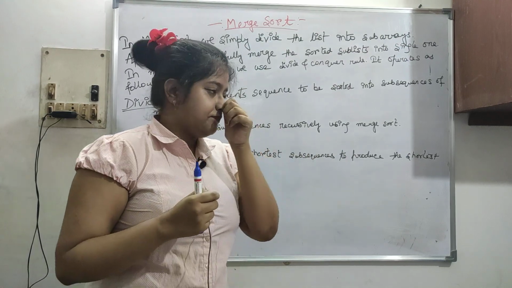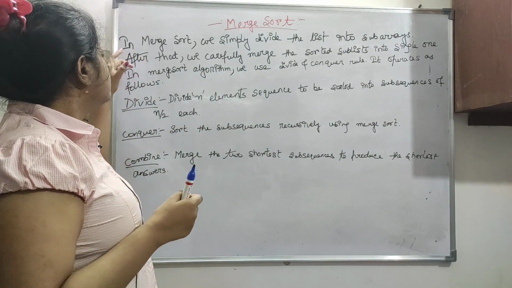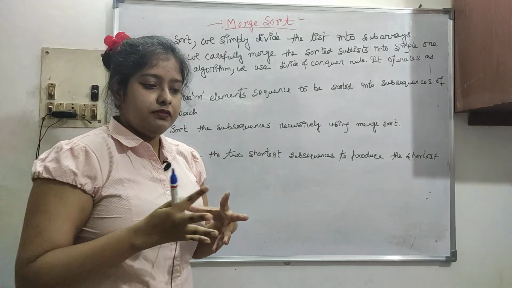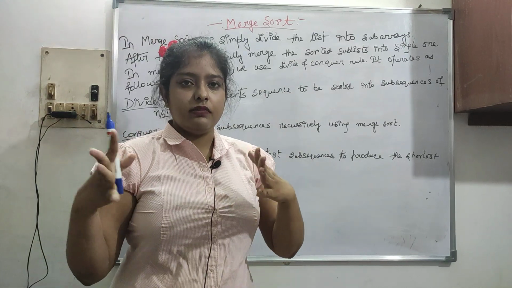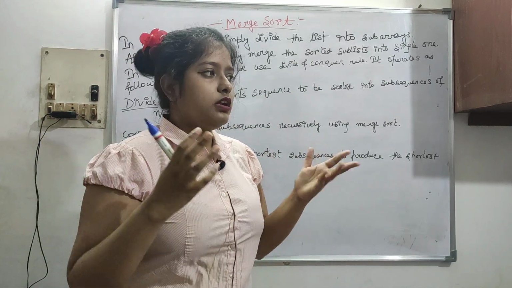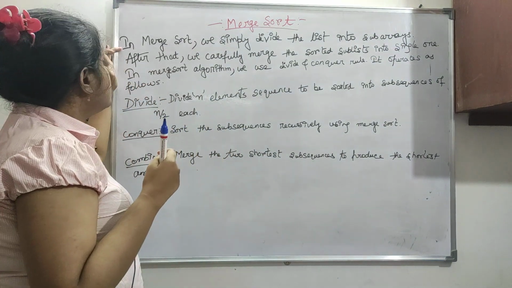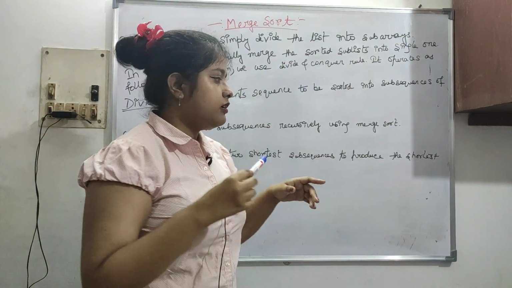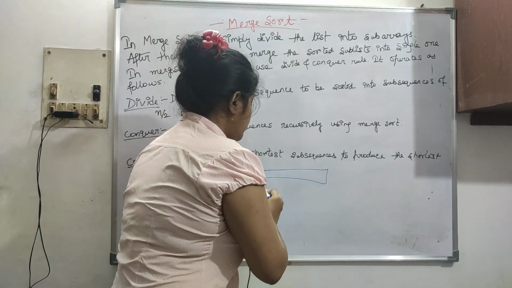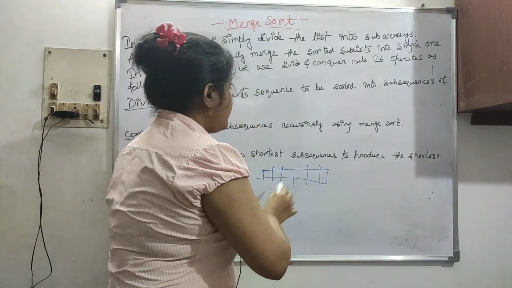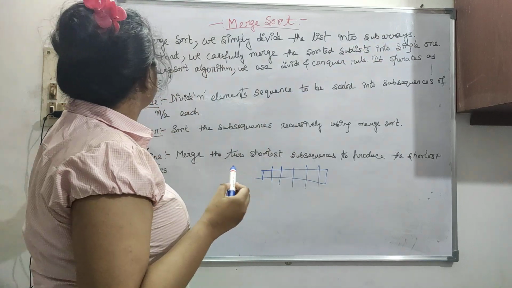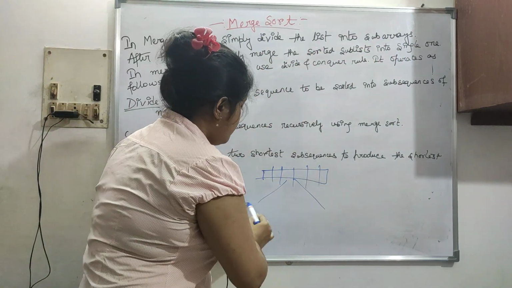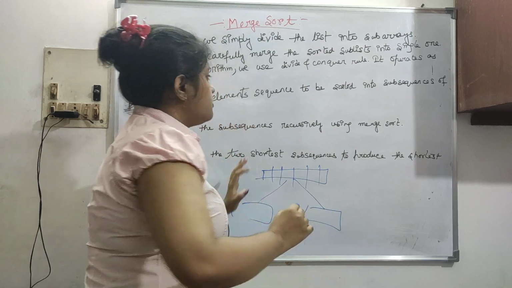Okay, so let's see. Now, merge sort. What is merge sort? We know divide and conquer: we divide the array into subarrays, then conquer. In merge sort we simply divide the list, like a single list or array, into subarrays.